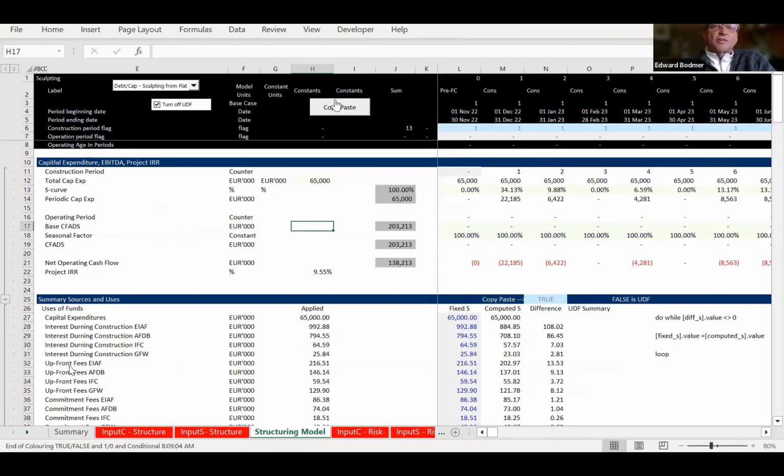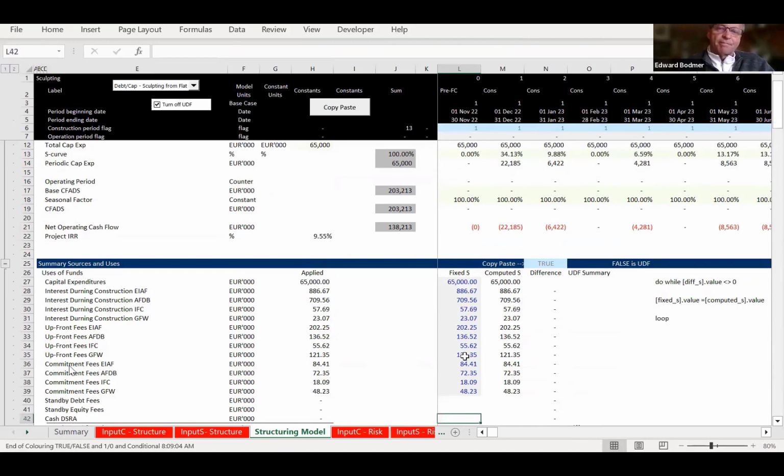So we run our standard kind of copy and paste, and you notice that you can see the fixed numbers from your classic copy and paste. Nothing wrong with copy and paste. Well, there is, but whatever.